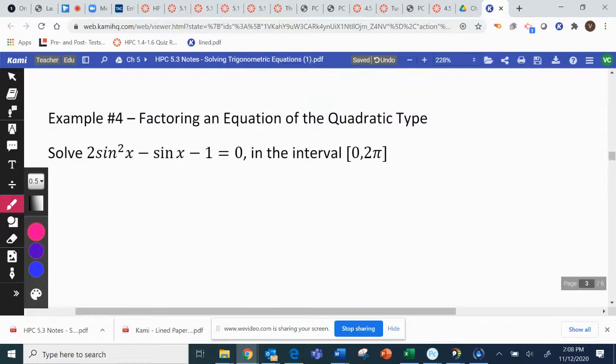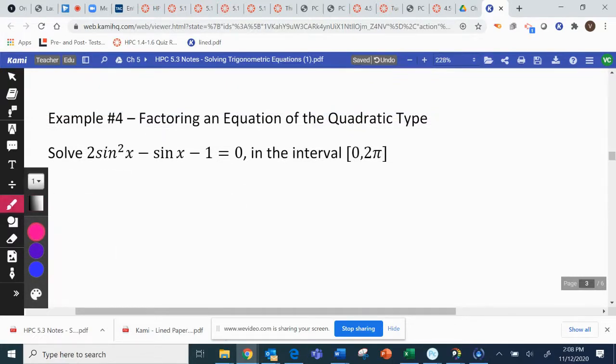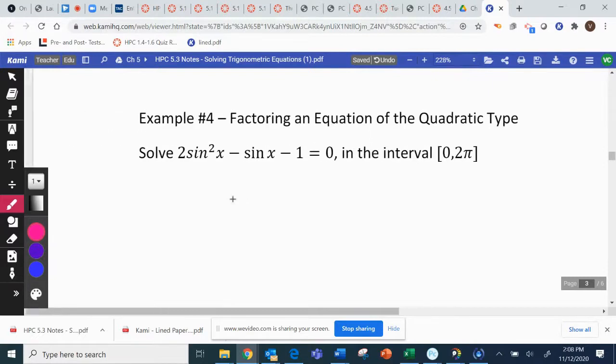Now we've got factoring of the quadratic type. So if you have trouble seeing how to factor this, there's something called U substitution, where you can say U equals sine x, and every place you see a sine x, make it into a U. So we would have 2u squared minus u minus 1.